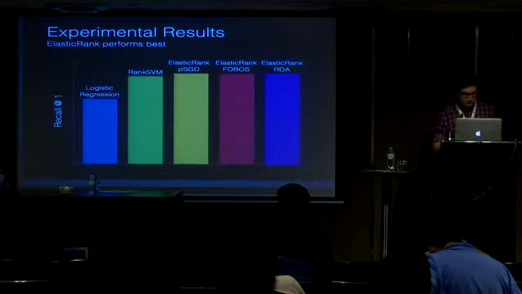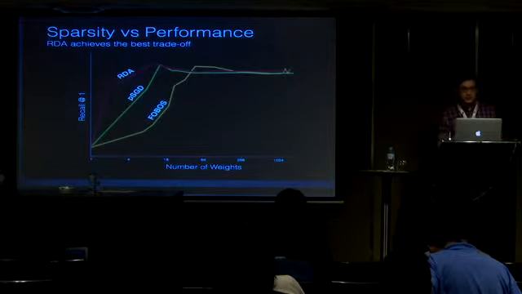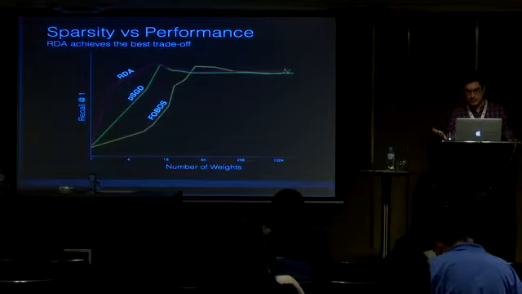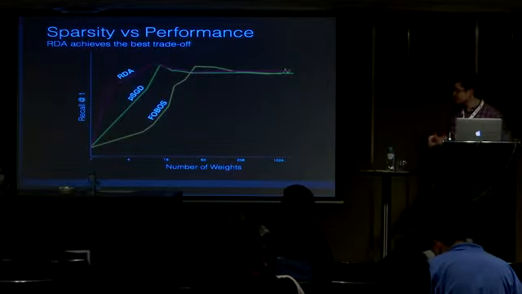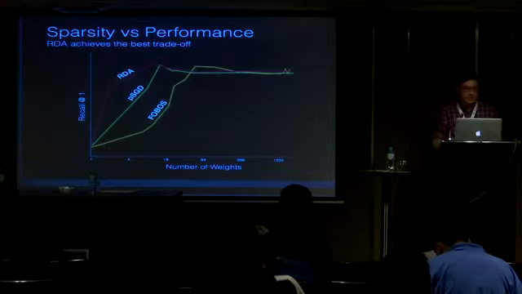Then we looked at how these 3 optimization approaches compare in terms of which one does the best trade-off between sparsity and performance. Here on the horizontal, you see the number of weights. So this is the number of features that we'll use. And then the vertical shows the recall at 1.